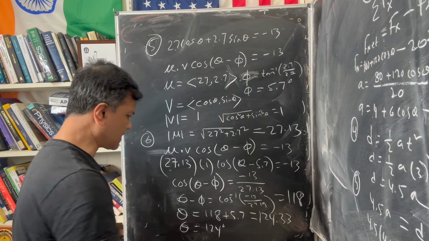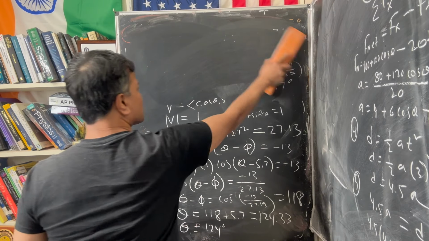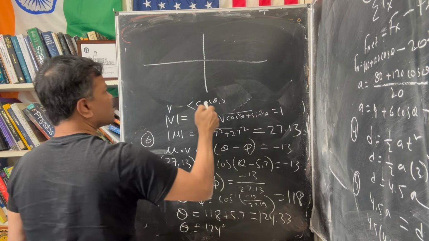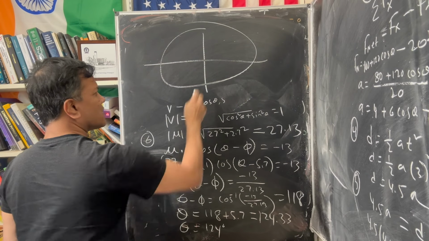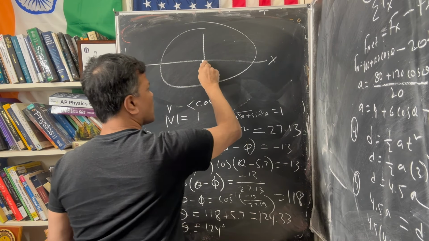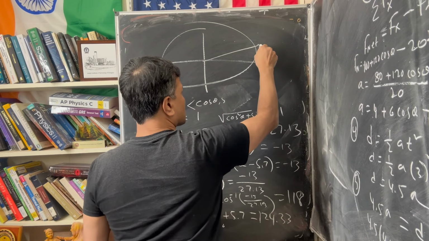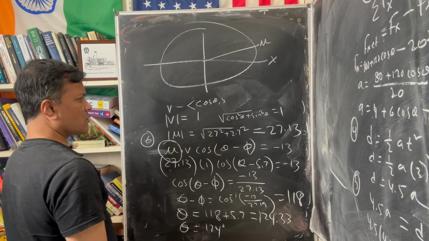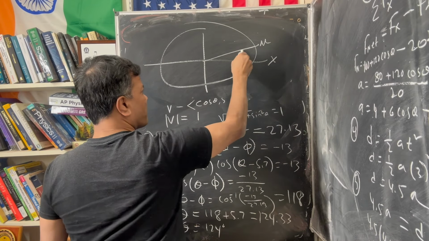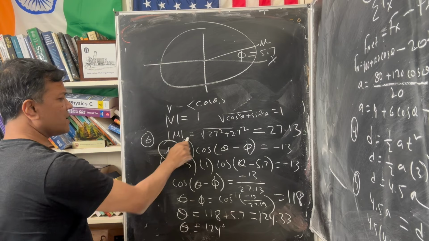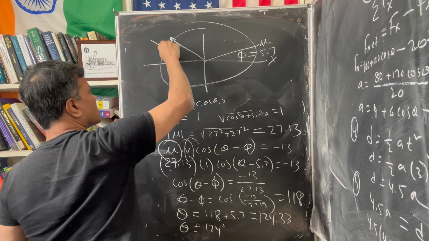Let's see whether I can give you some intuition. If you go to the unit circle and draw x, you draw u. What is the angle between x and u? Phi. What is phi? 5.7. What about v? This is v.